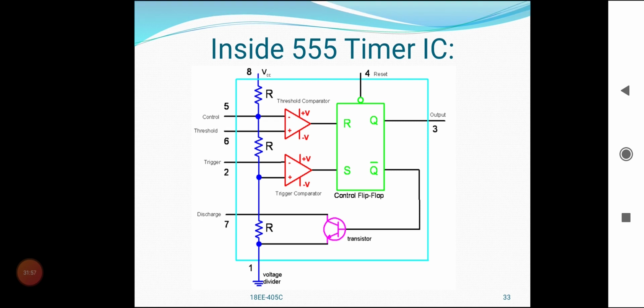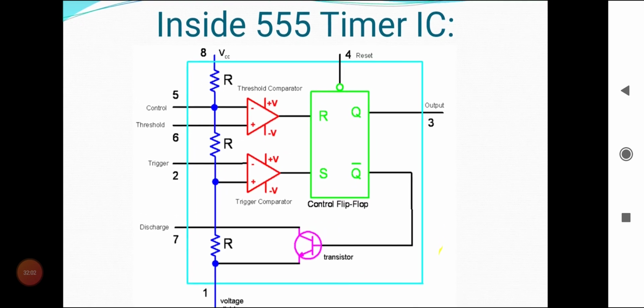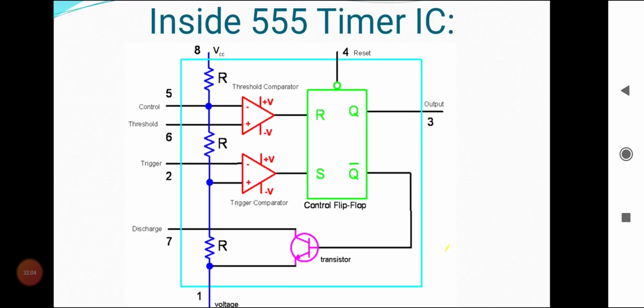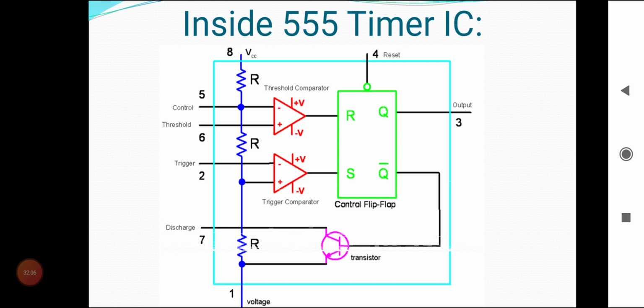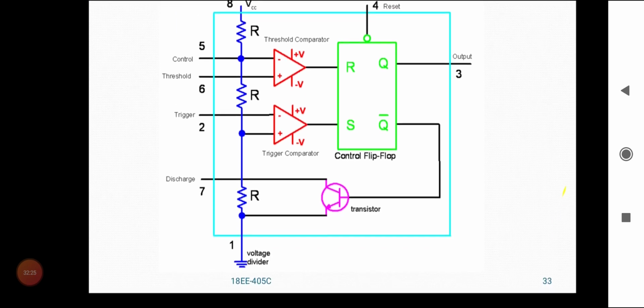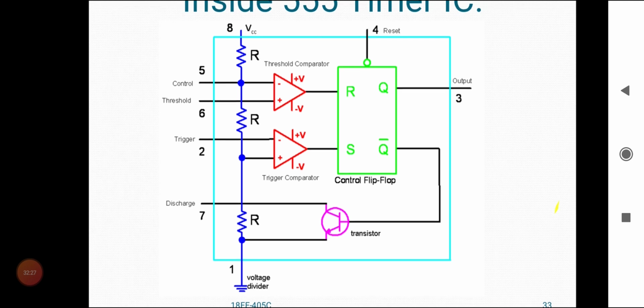Inside the 555 timer IC, there is an RS control flip-flop. It has a reset input and an output to pin 3. There is one more output, Q complement, which drives a transistor, and the discharge pin 7 is connected. Pin 1 is the voltage divider ground.